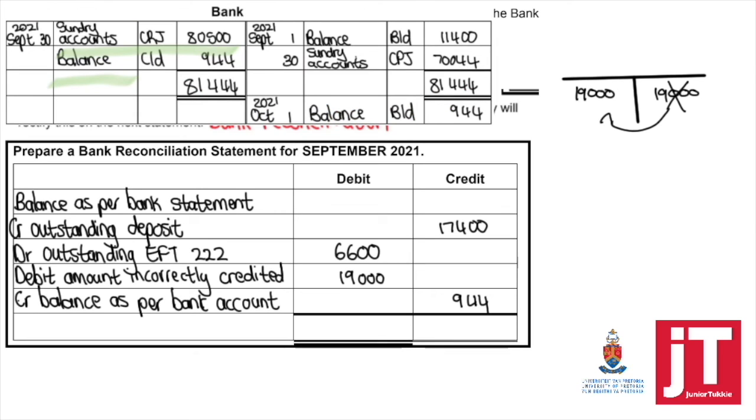Again, make sure you use your total that you have calculated, and you need to use it as it appears in your books, in your bank account. If it appears on the credit side, you're going to show it in the bank reconciliation statement, credit balance as per bank account, 944. Once we are done with this, we can now total. So if I take the debit side and minus the credit side, the balance as per bank statement is the balancing figure, 7,256.